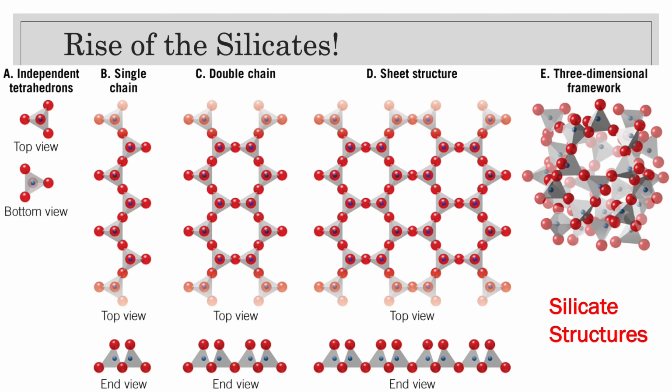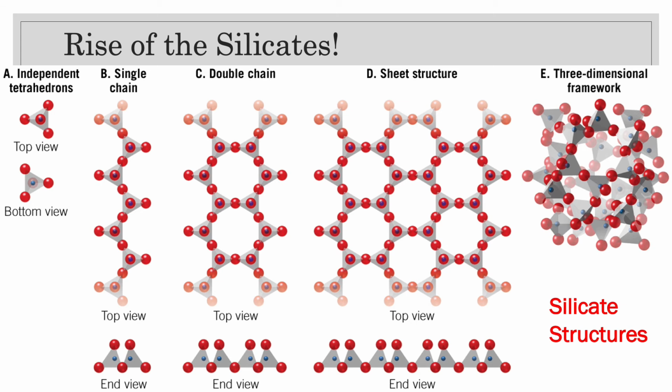And then you can see type B, single chain silicate structures where the corner oxygen of the silicon oxygen tetrahedron is shared with another silicon oxygen tetrahedron. And then much more complex types of silicate structures like the double chain, sheet structure, and three-dimensional framework, where more and more of the oxygens of the silicon oxygen tetrahedron are actually shared with another silicon oxygen tetrahedron.